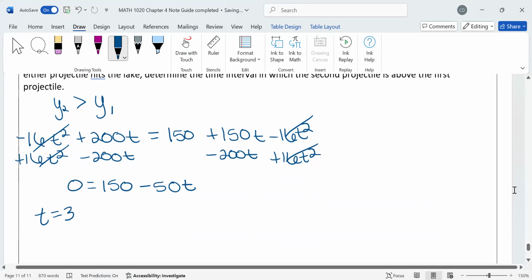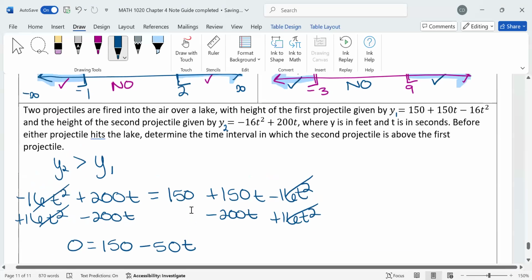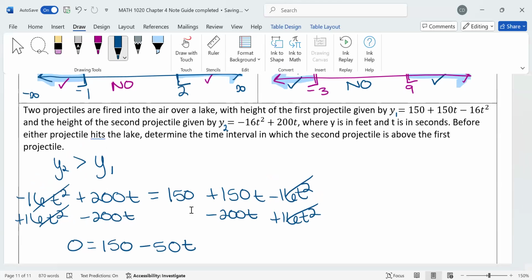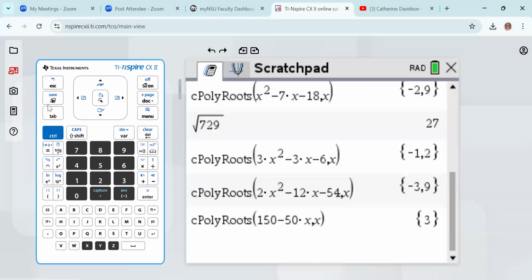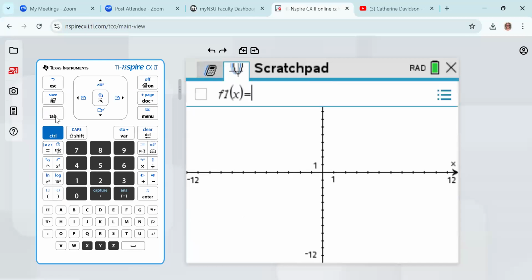Okay. So I want to look at these on a graph. Let's do the first one.